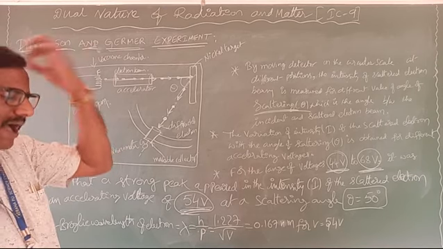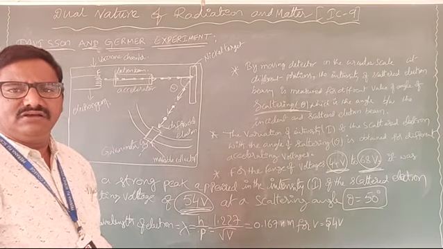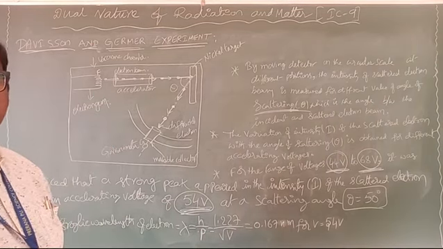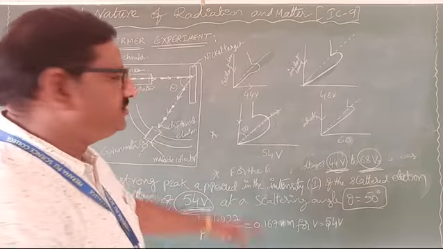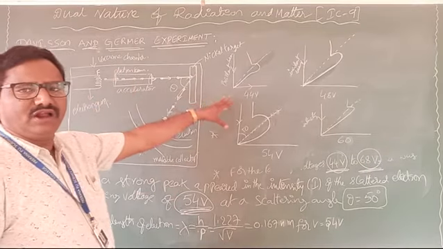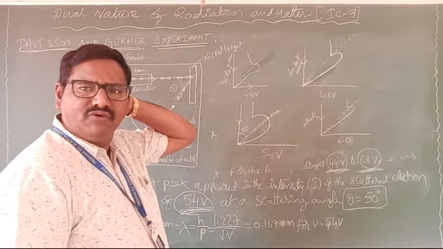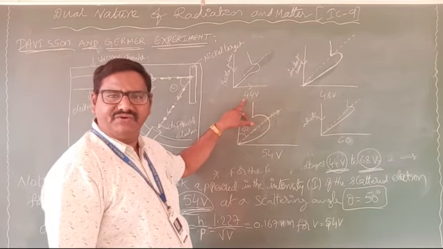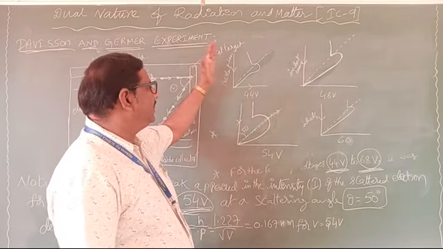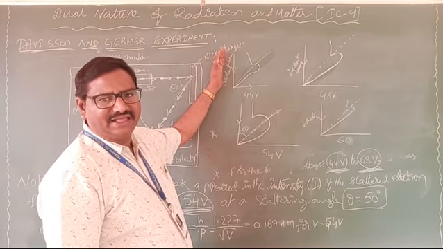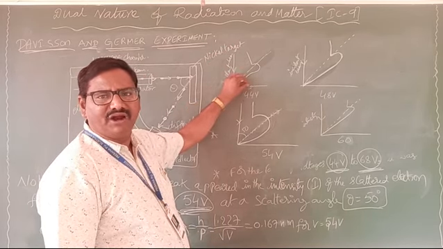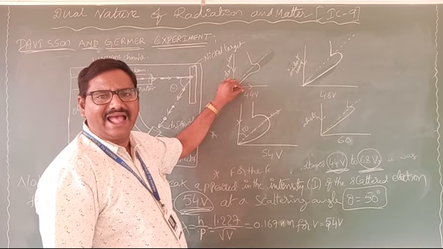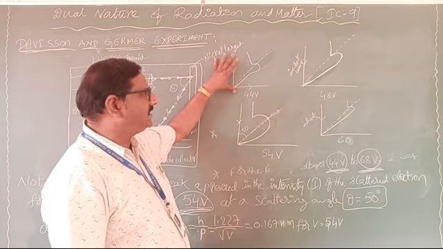Now, upon this, we are learning some objective bits. If you observe here, small graphs are given for the voltages used in the Davisson and Germer experiment. At 44 volt, the incident beam and the detected scattering appear like this.